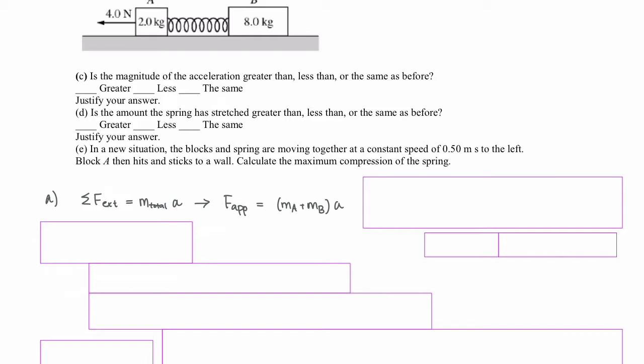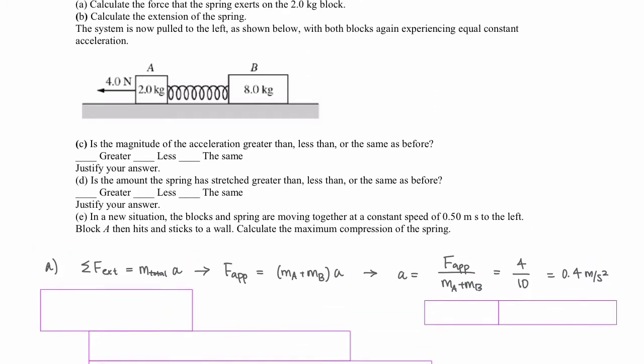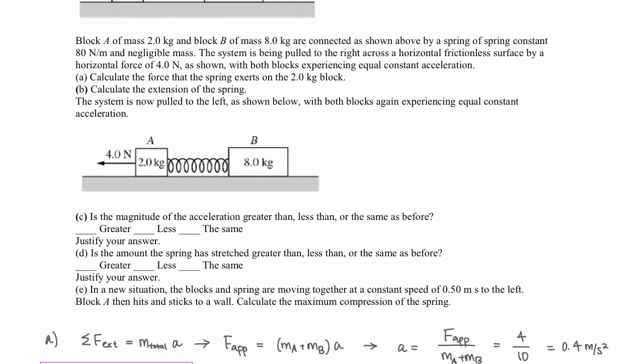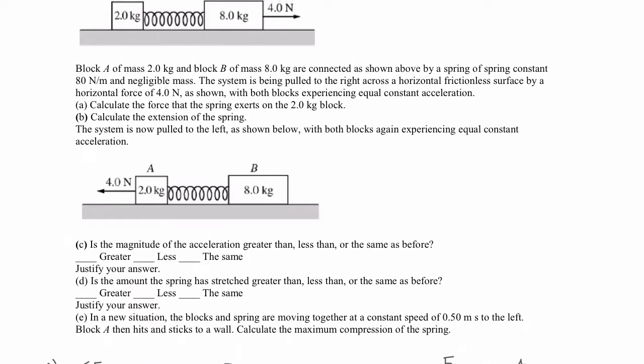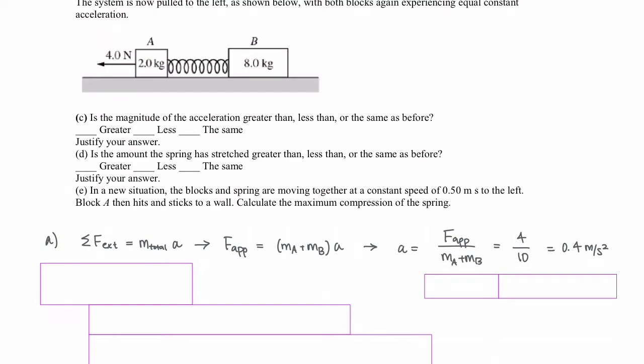Then rearranging for a, with the applied force being 4 and the total mass being 10, we get an acceleration to the right, so positive 0.4 meters per second squared. And then block A is being accelerated by this spring force, so mass times acceleration will give us the force of the spring on block A. Plugging in the values, we get that the force is 0.8 newtons.